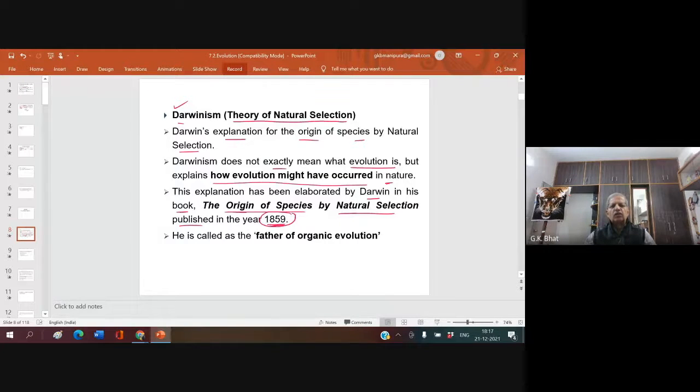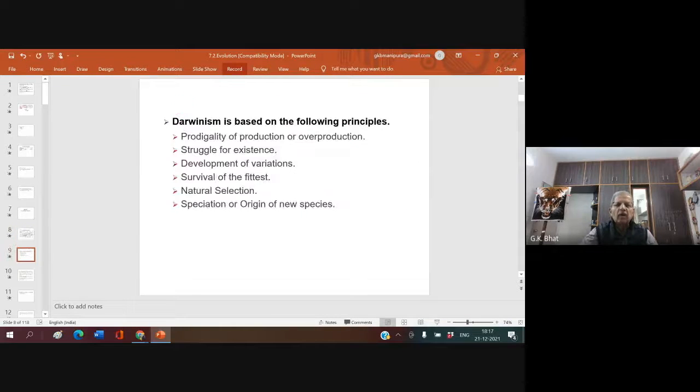The Origin of Species book was written by Darwin. Oparin's idea got published in Origin of Life. So Darwin is regarded as the father of organic evolution.